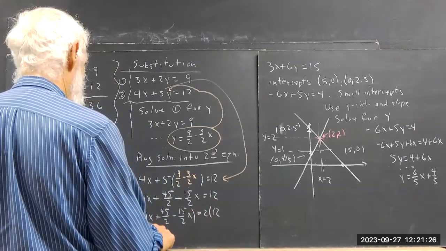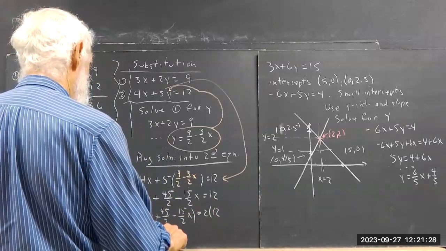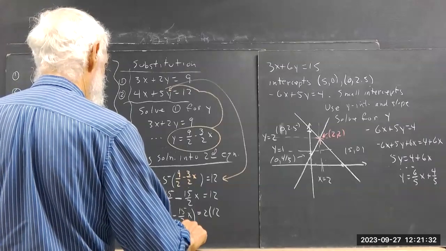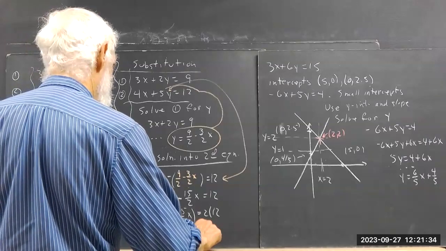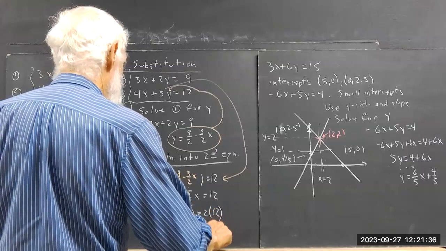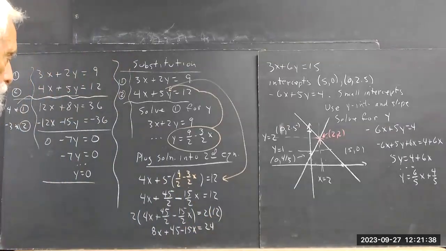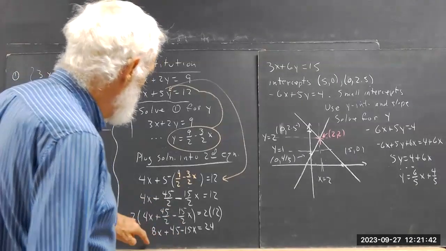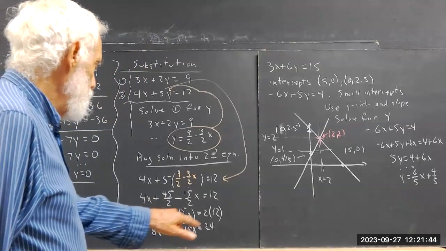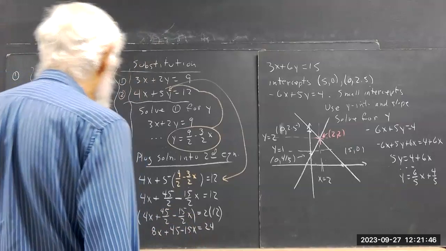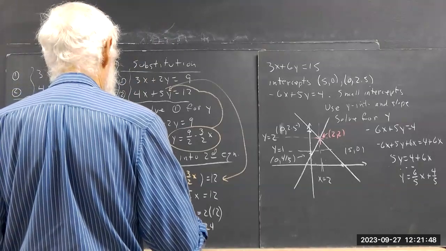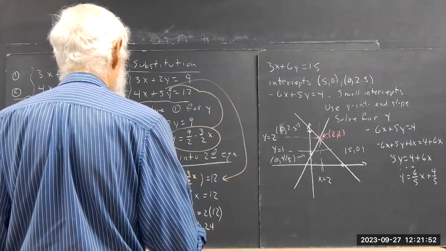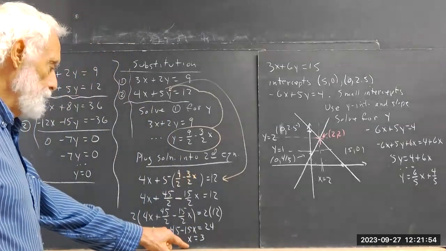That gives us 8x plus 45 minus 15x equals 24. Well, by rearranging that gives us negative 7x equals negative 21. So after doing a couple of steps, we get x equals 3.